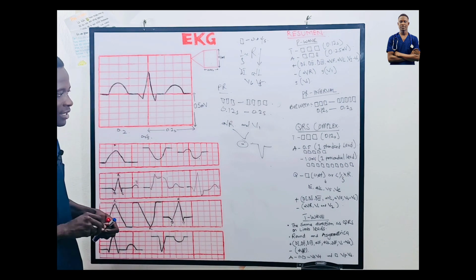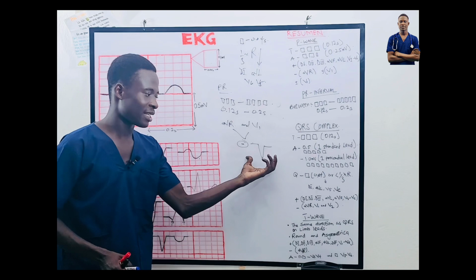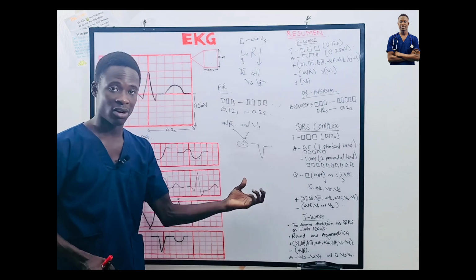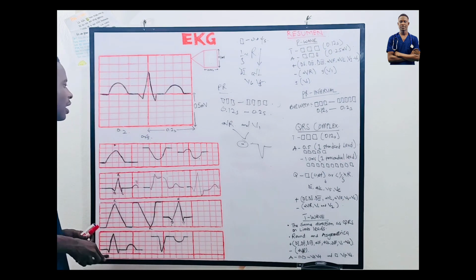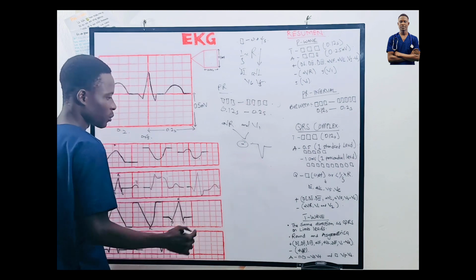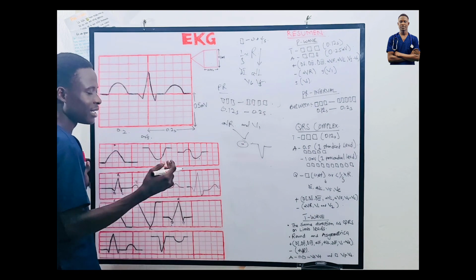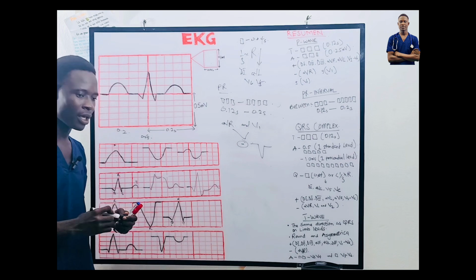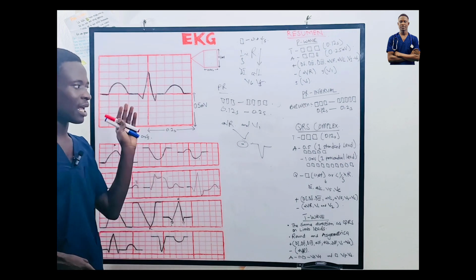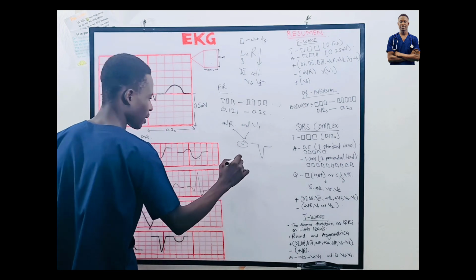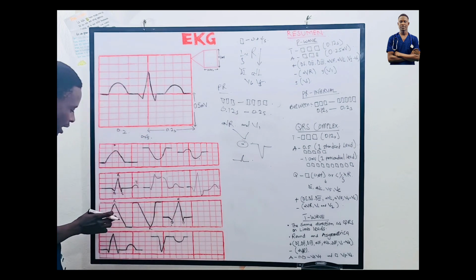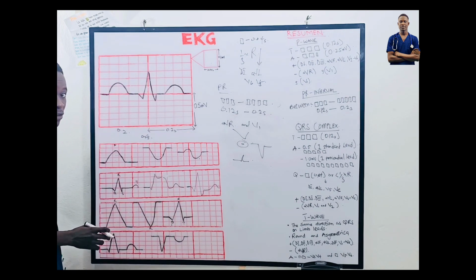So when you see it, it tells you that it's normal. These are normal ones. You understand? And then the other leads, which are D1, D2, D3, the AVL, AVF, and the others, are positive, as we see over here. You understand?